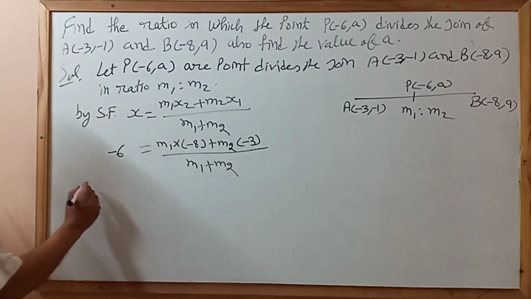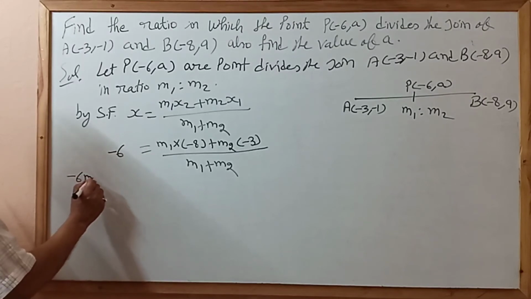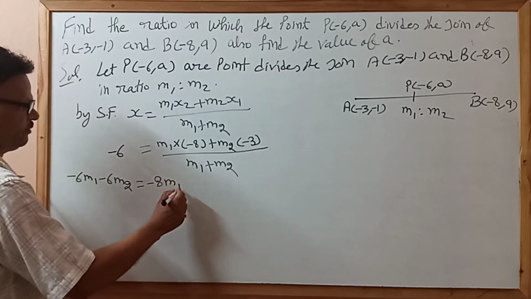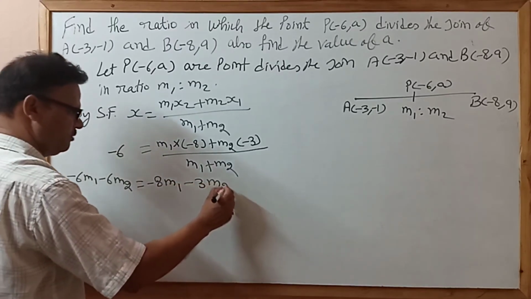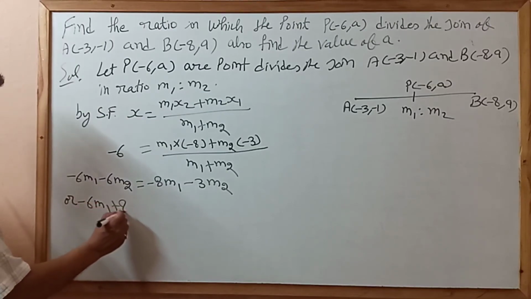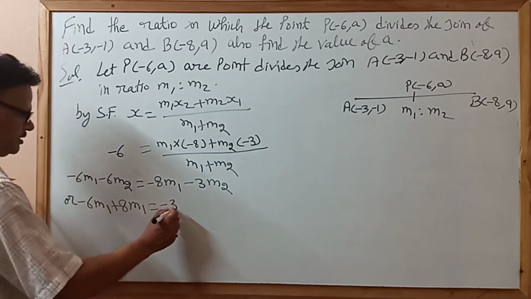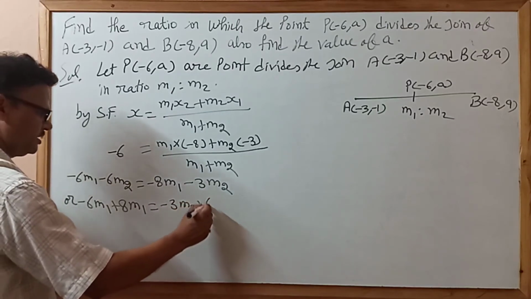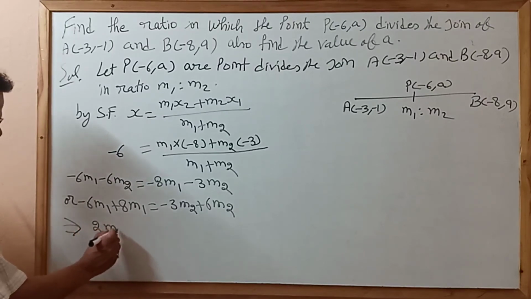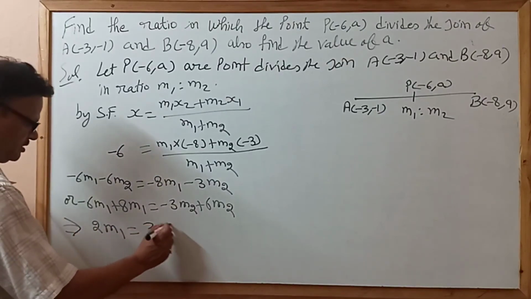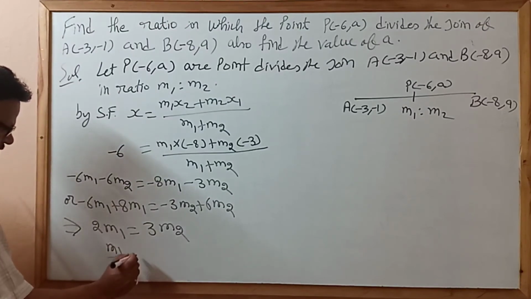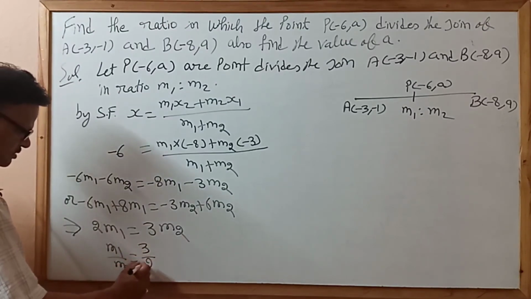So by cross multiplication we get -6 m1 - 6 m2 is equal to -8 m1 - 3 m2, or -6 m1 + 8 m1 is equal to -3 m2 + 6 m2, or we get 2 m1 is equal to 3 m2, or m1 over m2 we get 3 over 2.